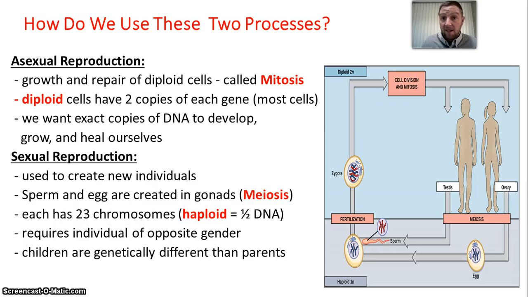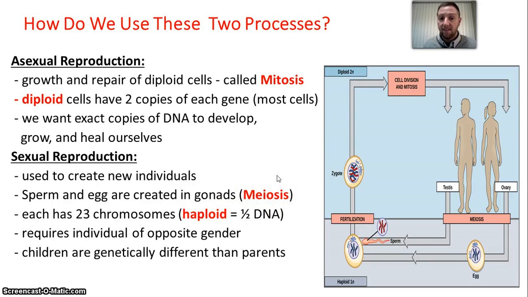Okay. Now, when we want to go to make a child, all right, then you need 2 individuals, and we create offspring sexually, right? The sperm and egg are specialized cells in the gonads, in your testes, female's ovaries, and that's created through a process called meiosis. Mitosis is asexual. Meiosis means sexual.